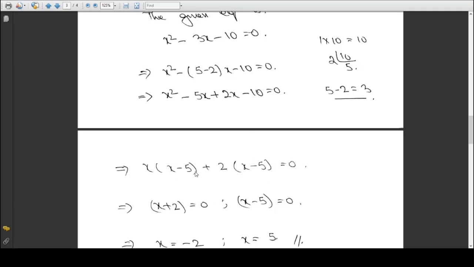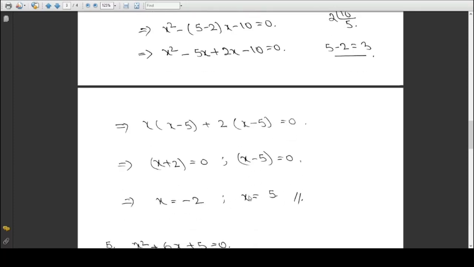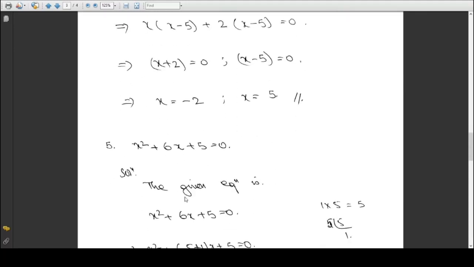Now this x minus 5, here also x minus 5 is the same thing, you will write only once. X plus 2, x minus 5 is 0, or x plus 2 is 0, or x minus 5 is 0, will give us x equal minus 2 and x equal 5 as the solution.